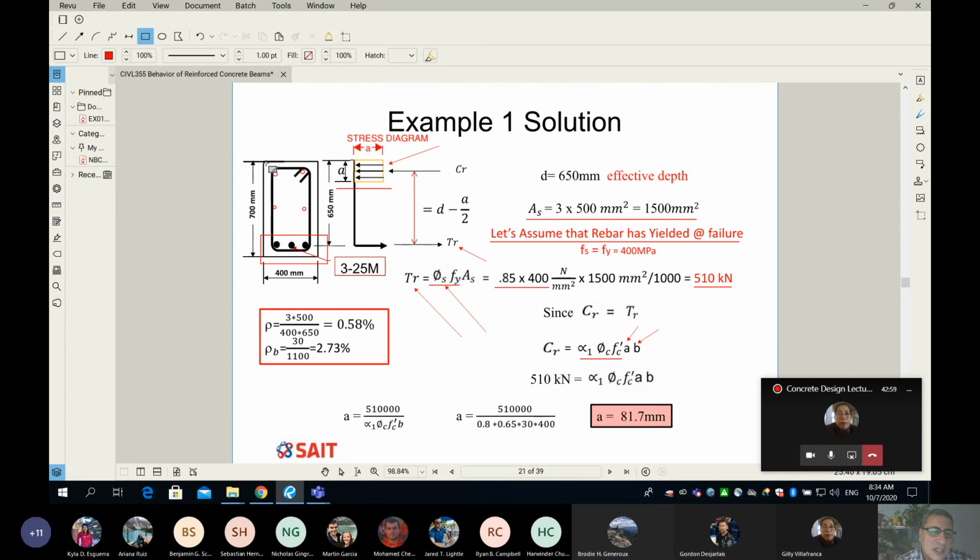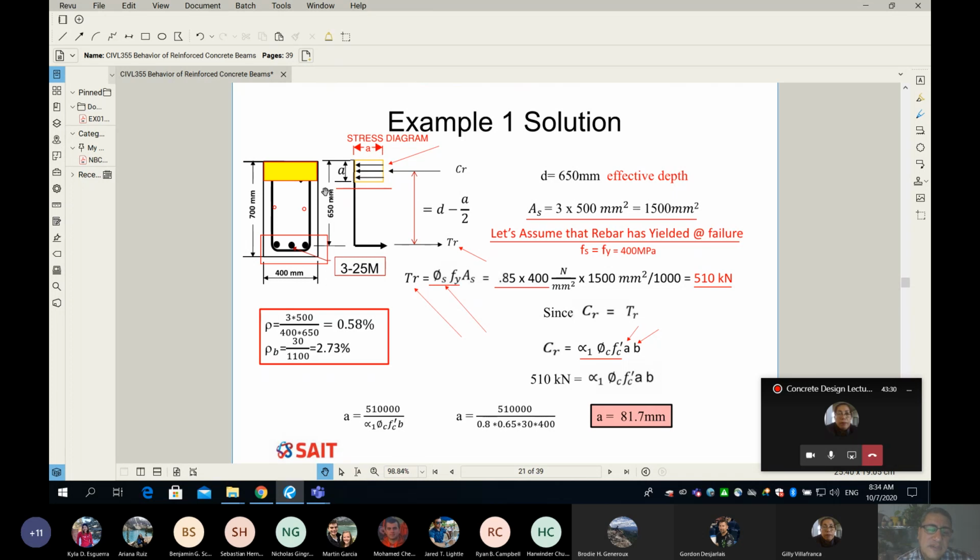I'm going to show you something here. So guys, this rectangle here is simply the area exposed to the stress. So the value of the stress is alpha 1 phi c fc dash.